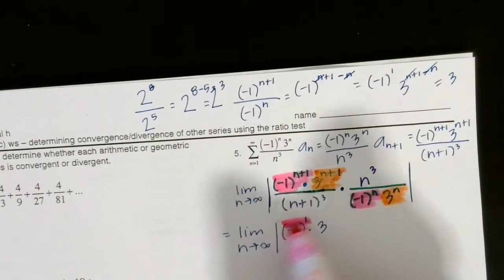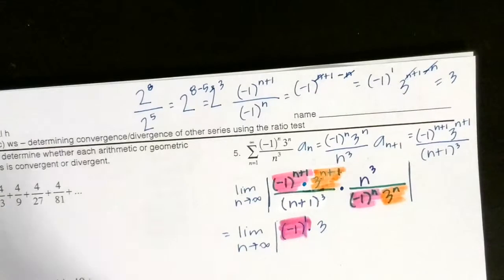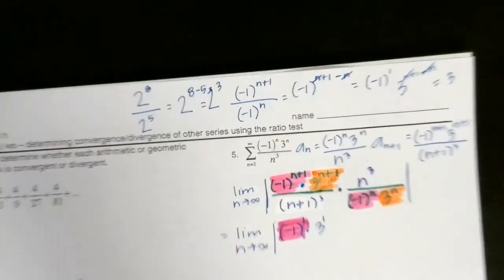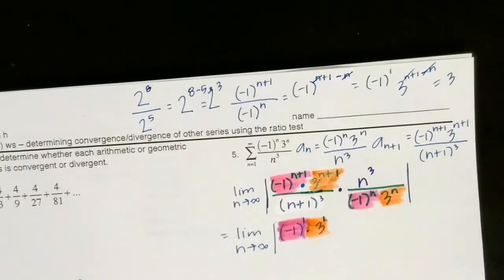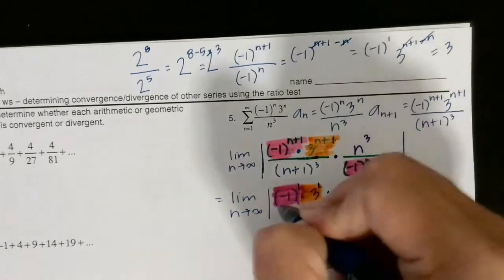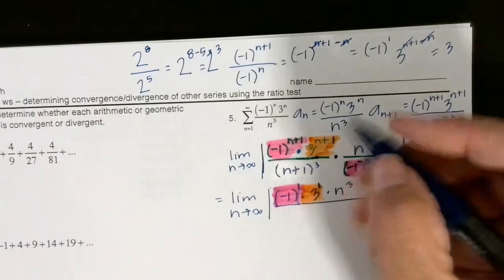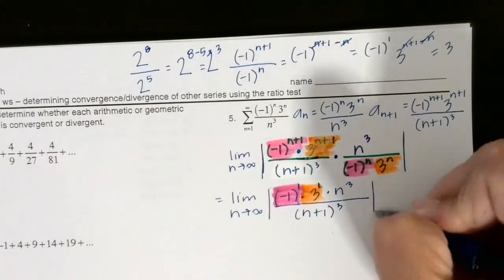So it's still 3 to the first power. We don't normally write when things are to the first power, but this might be helpful for us, right? And then we have the n cubed, which cannot be simplified, all over the n plus 1 cubed, which we're going to take care of in a minute.